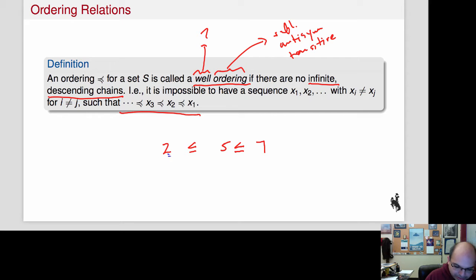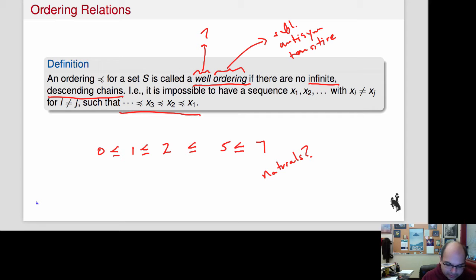All right, so let's make it smaller: 2. Let's make it smaller: 1. Let's make it smaller: 0. Now, I didn't tell you what numbers I was using. Are we talking about the naturals? If we are, then I can't make it any smaller than that. I'm done.